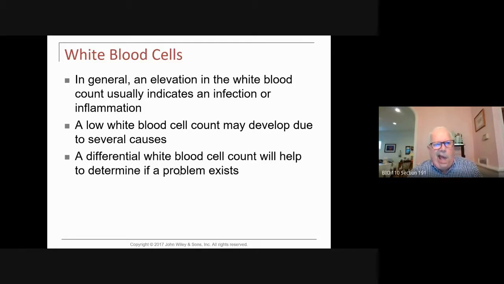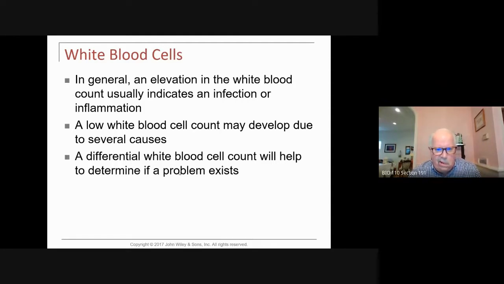But if their white count is 130,000, they not necessarily may have an infection. That might be a sign of leukemia. So there's a difference here. A low white count is meaningless. I'll never ask you a question about a low white count. The question is going to be a high white count.